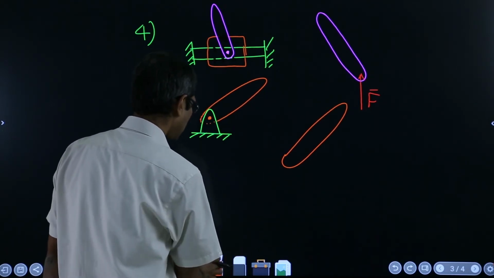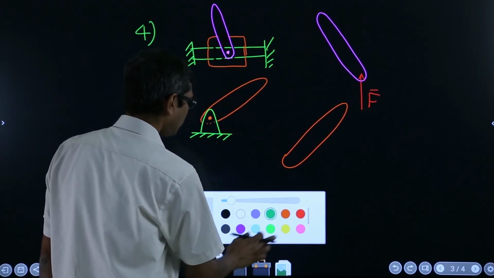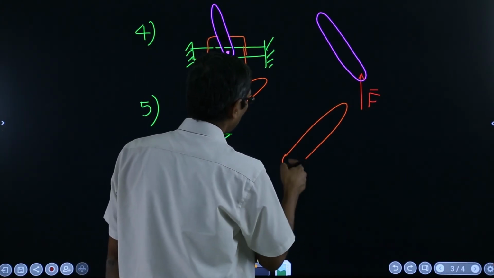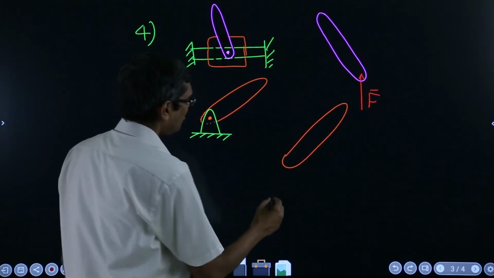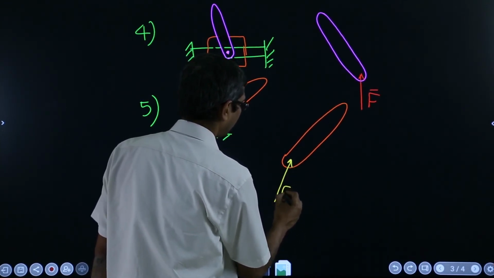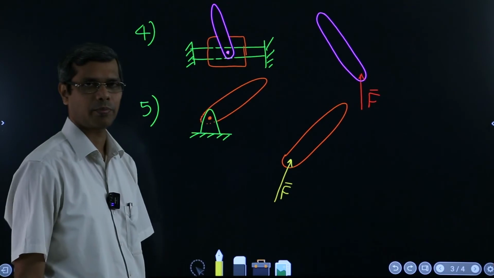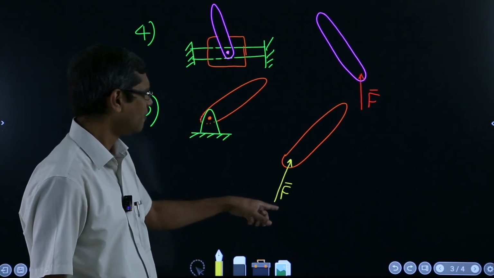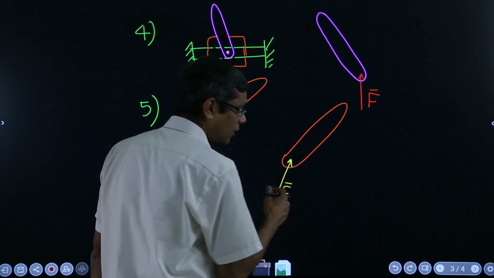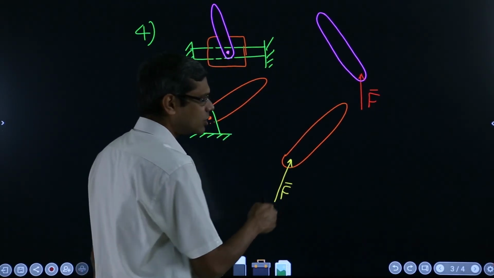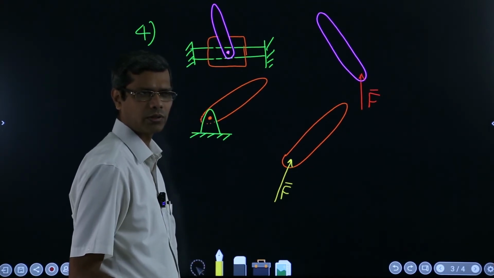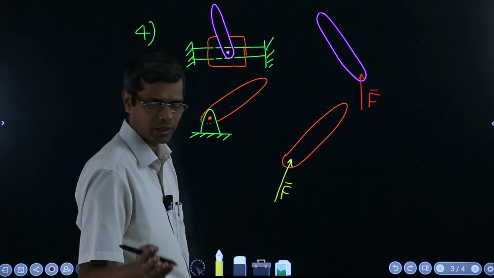Now when you remove this, you will have to show the force not perpendicular like this, but at some angle, like F. This is the total reaction. The reaction from the pin joint will be at some arbitrary angle, and again you have to think about the magnitude and the angle both as unknown quantities, unless something is known by some other means.